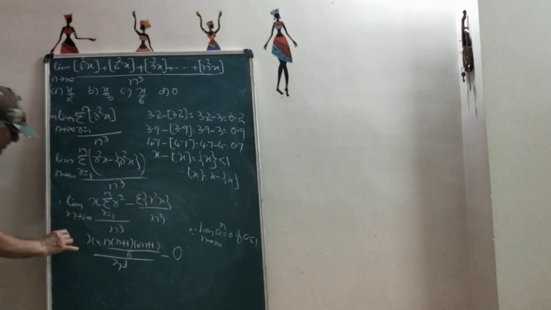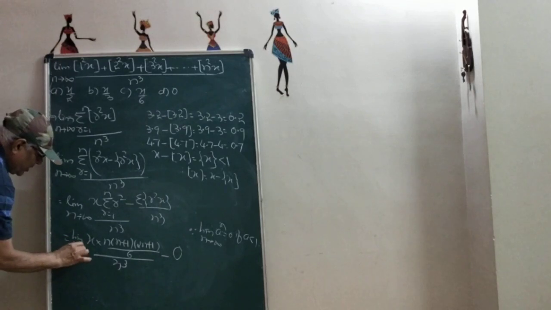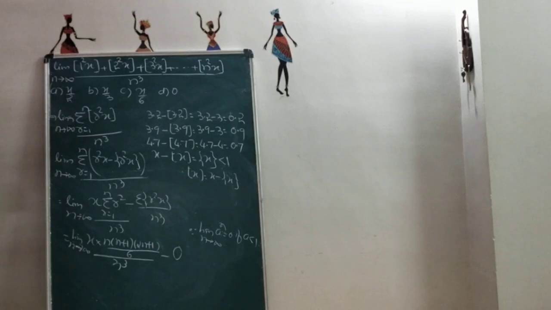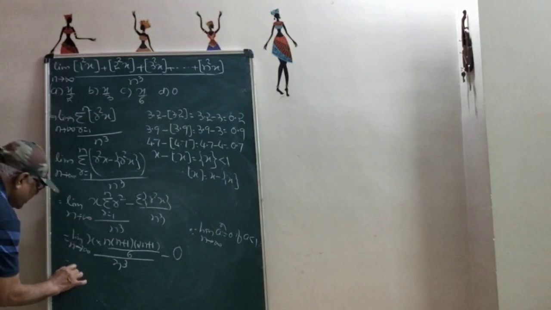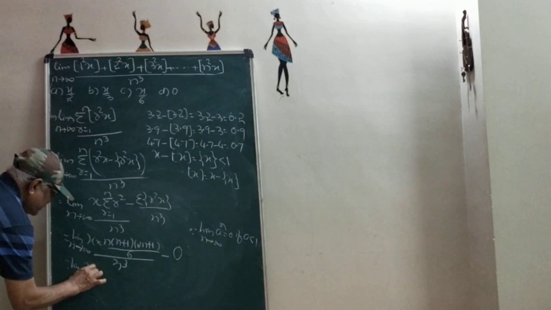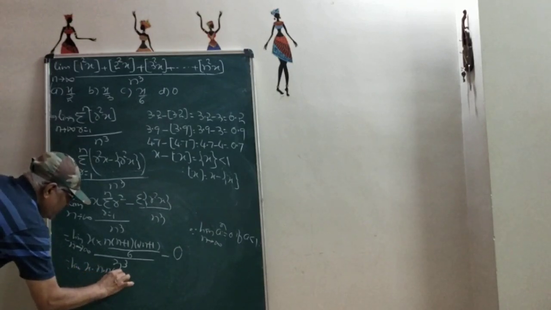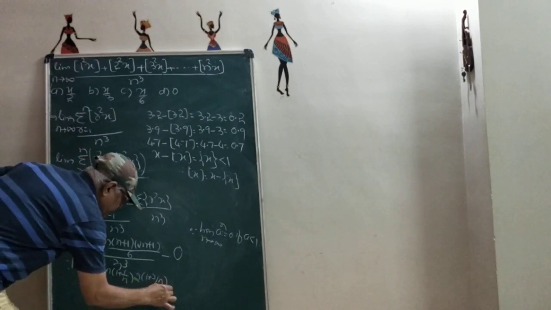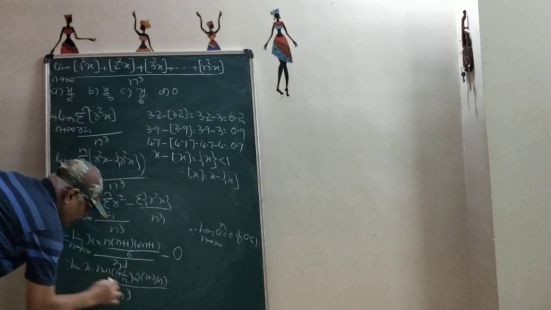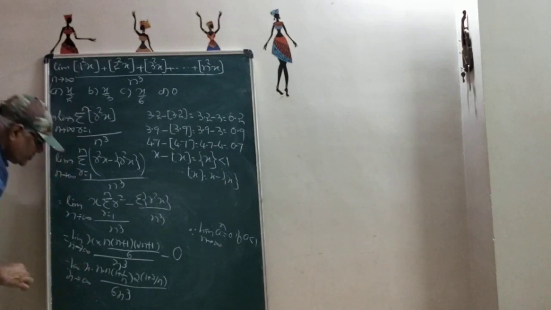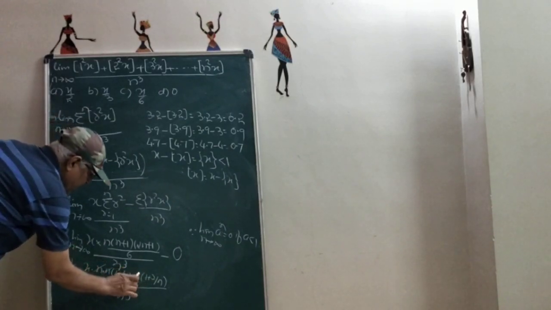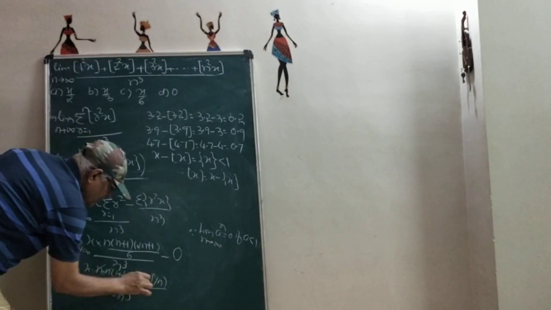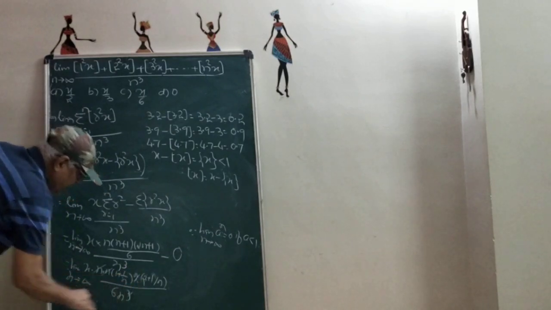Now we are left with only the first part, that is limit of x into n plus 1 into 2n plus 1 divided by 6. That's equal to, now limit of x as it is, n from the bracket n 1 plus 1 upon n, and here 2 into the bracket 1 plus 2 upon n, divided by 6 n cube, as n tends to infinity. Here the n and n cube get cancelled.